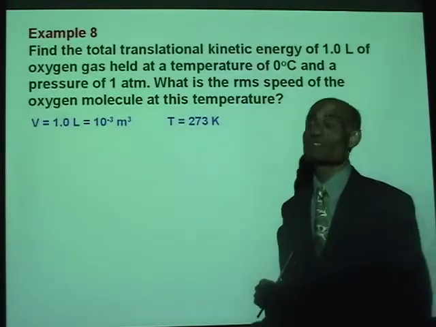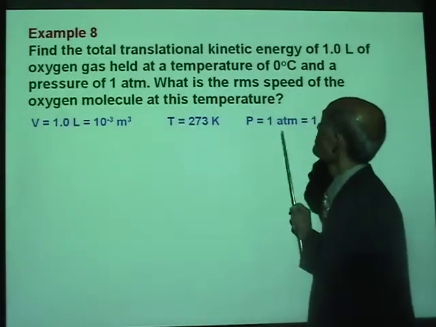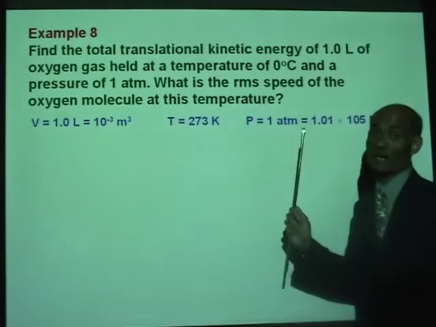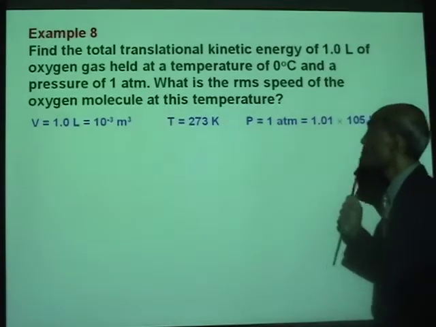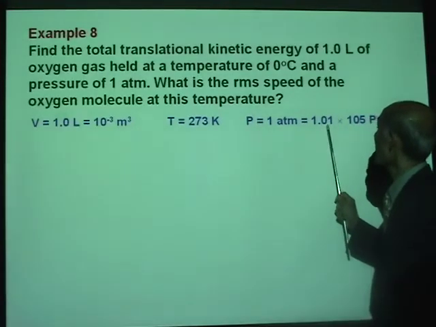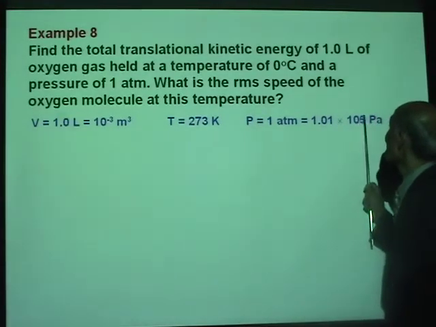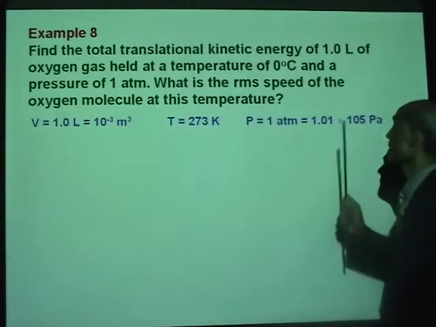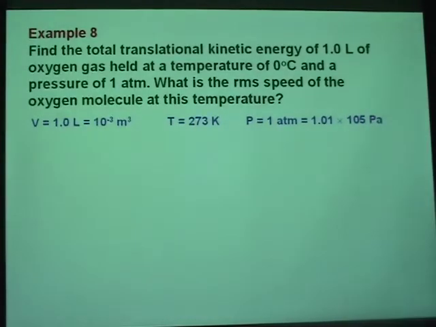Temperature is 273 Kelvin. Pressure is 1 atmosphere, and this time I'm going to write that in Pascal. Now, 1 atmosphere is 1.01 times 10 to the power of 5. That's a small mistake there. You must read it like this, 10 to the power of 5. Alright, make that change.